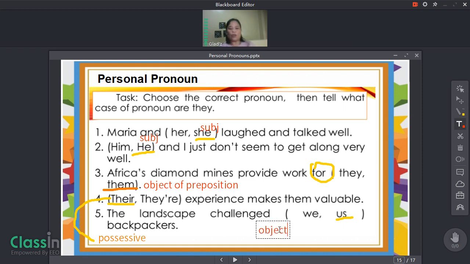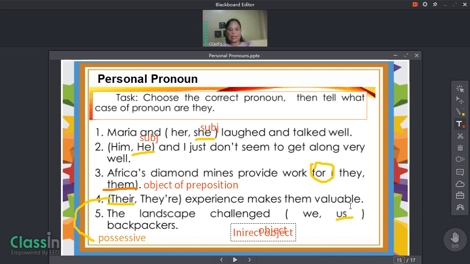What is the use of this objective case? It is used as an indirect object.